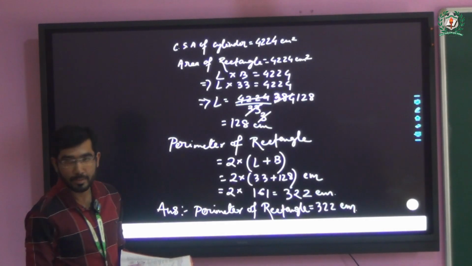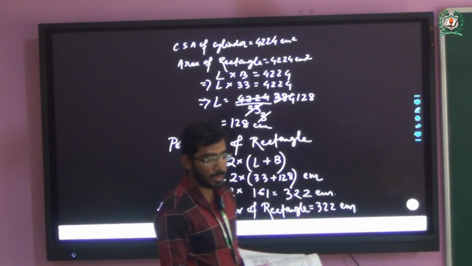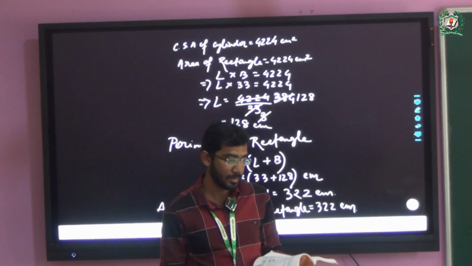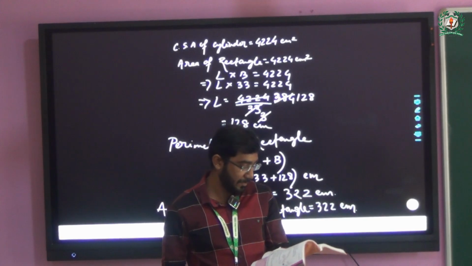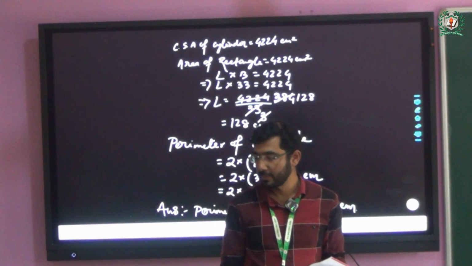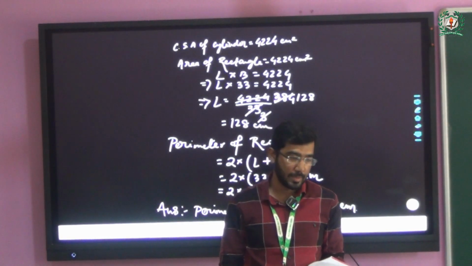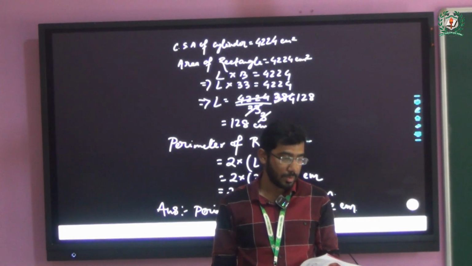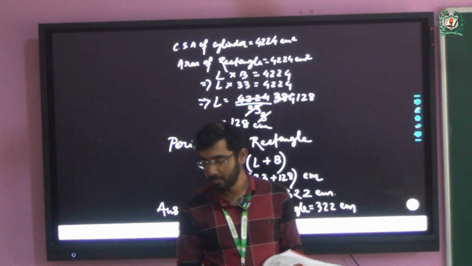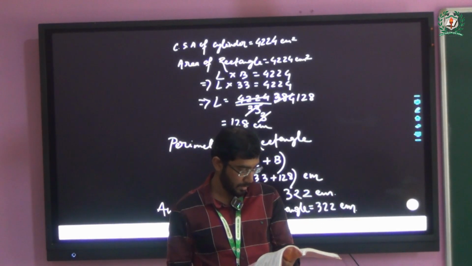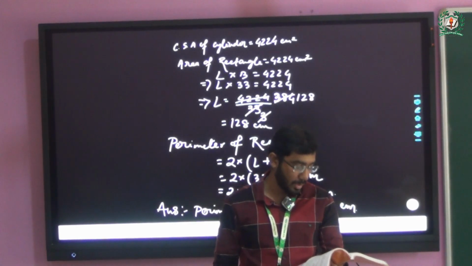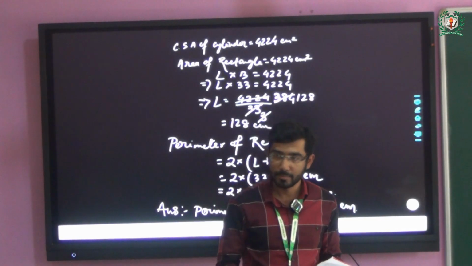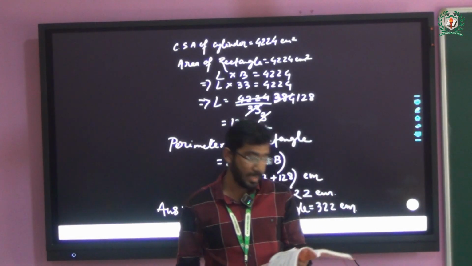A road roller takes 750 complete revolutions to move once over to level a road.